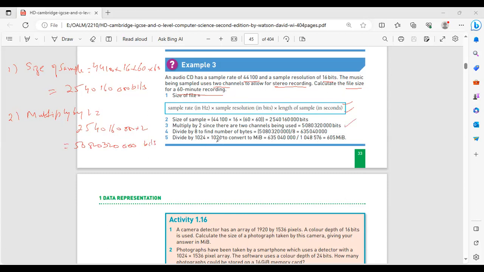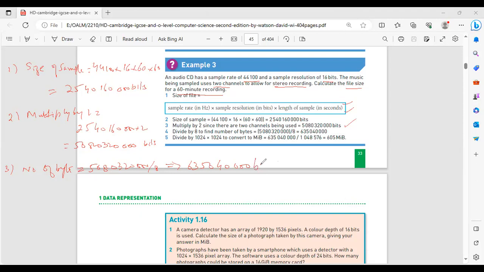Now divide by 8 to find the number of bytes. Third step, the number of bytes. 5080320660 divided by 8 gives you the number of bytes, which would be 635040 thousand.